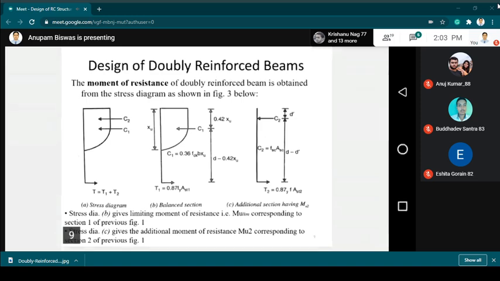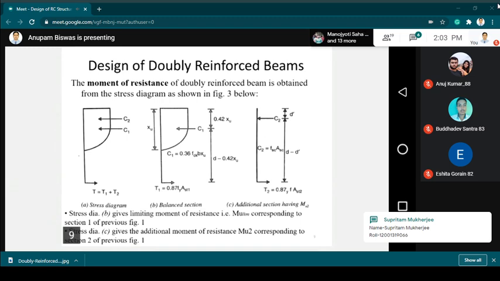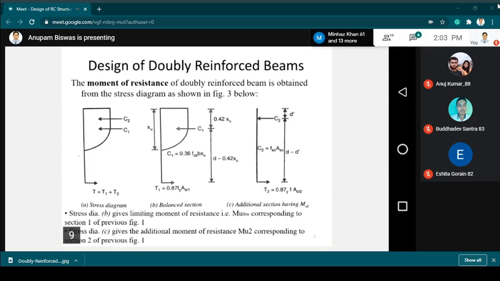It is a simple diagram, and you know it is straight up to a distance, then it will be parabolic, when you run your stress diagram from the top extreme fiber of concrete up to the neutral axis.